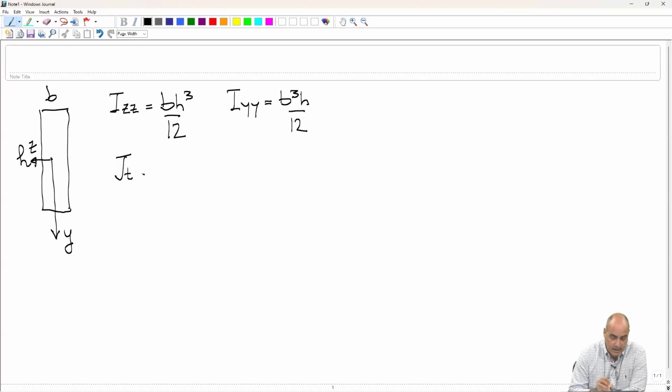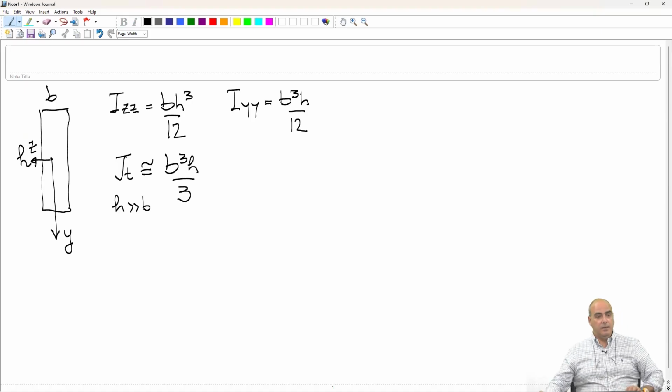And if the cross section is such that h is much larger than b, you can work out J_T as b cubed h over 3.